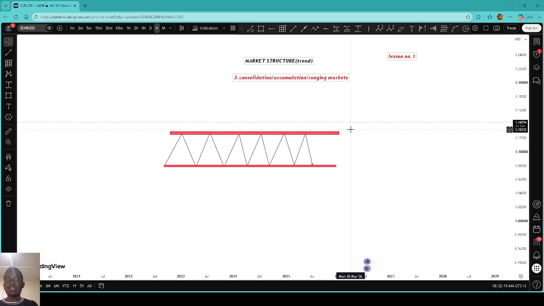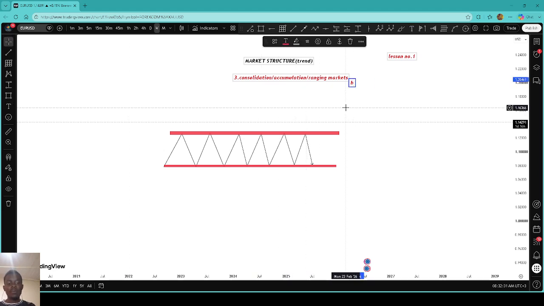So also in this one, the market still gives a story. But for this one, many people are always like, buy at the high, and then sell at the low.